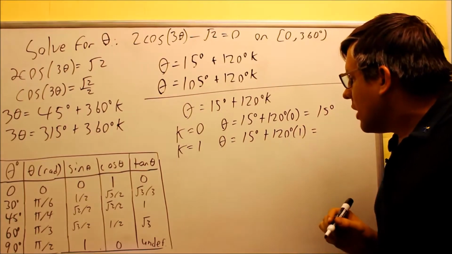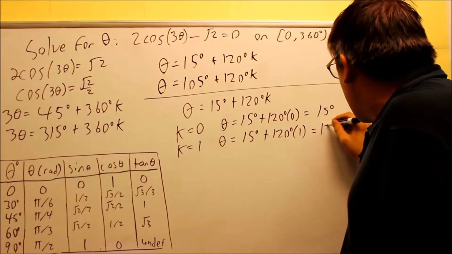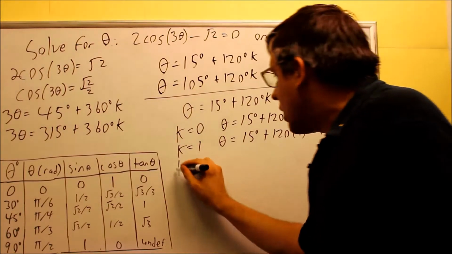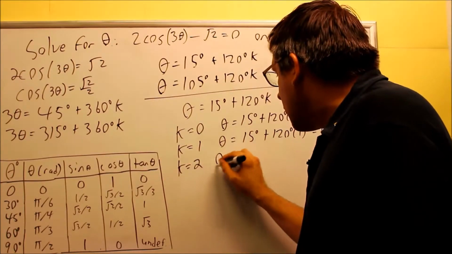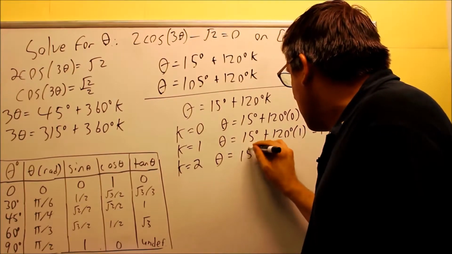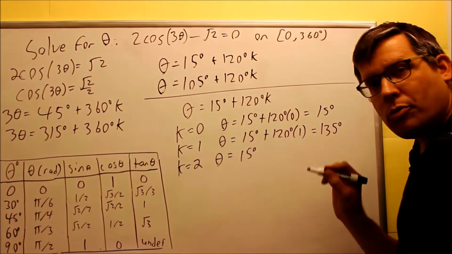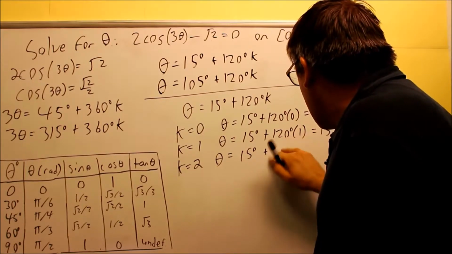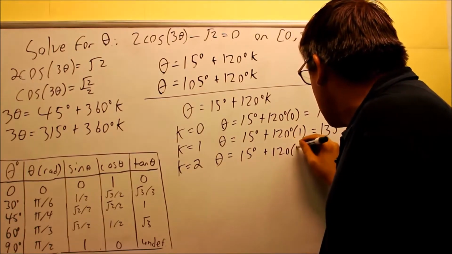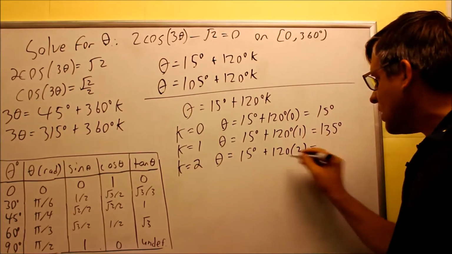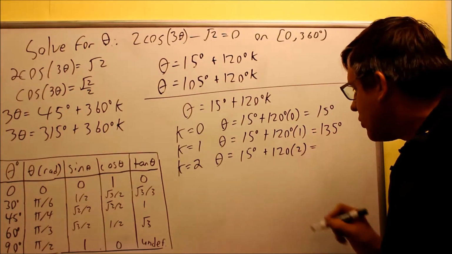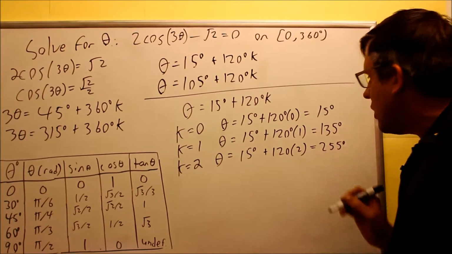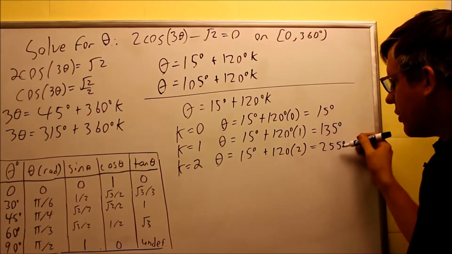So now we're going to get 135 as the next one. Next, we're going to make k equal 2. Theta is equal to 15 degrees plus, putting it again in the same formula, we're just putting in a 2 now for k. And so now I get 120 times 2. That's 240 plus 15 is 255. So that's going to be the solution after that.